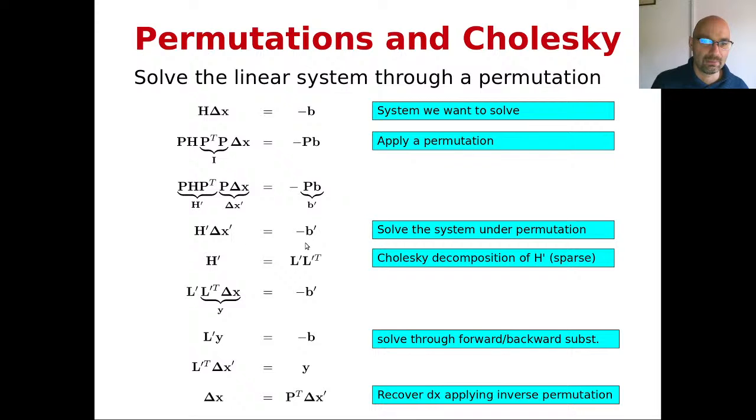By some black-box means I obtain the Cholesky decomposition, which I know will be sparse thanks to the permutation P. Then I can proceed using the previous mechanism: I solve the system L prime Y equals minus B, and I solve the system L prime transposed delta X equals Y. Once I've done that, I obtain a delta X prime, which is the permuted version of delta X, that I then reorder, if I want to preserve the original ordering, by applying the inverse permutation, and then I obtain the original vector delta X.